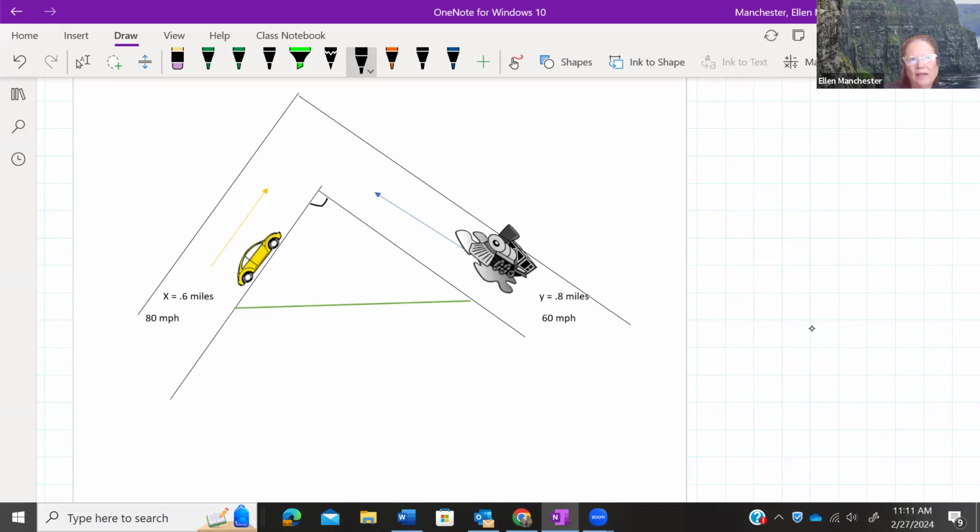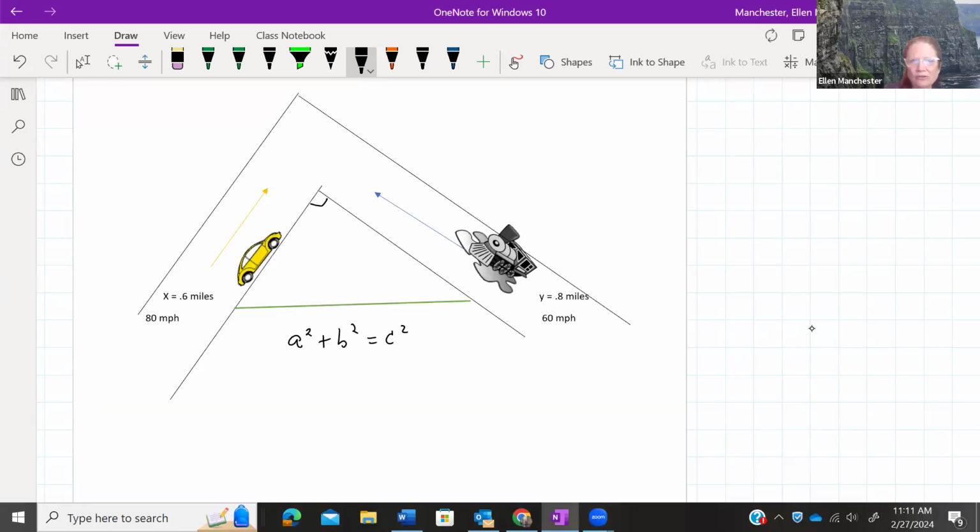Here is one leg, here is the other leg, and the green is the hypotenuse. So what formula comes to mind when you think about a right triangle? The Pythagorean theorem, which is a squared plus b squared equals c squared.